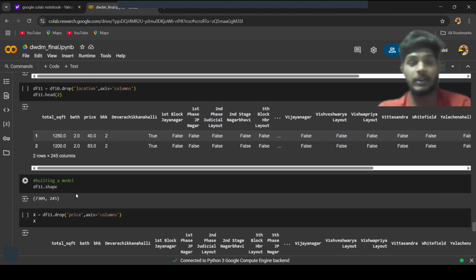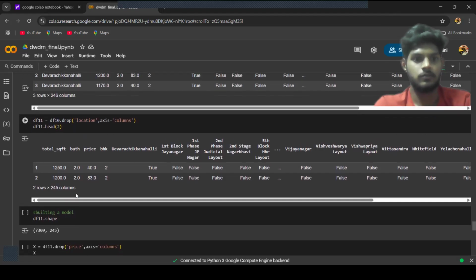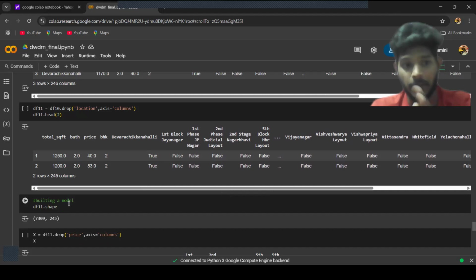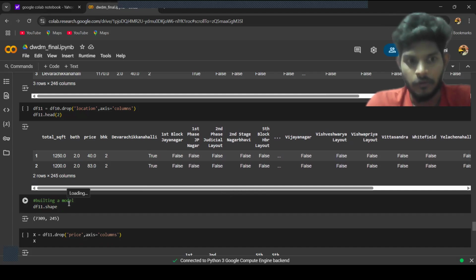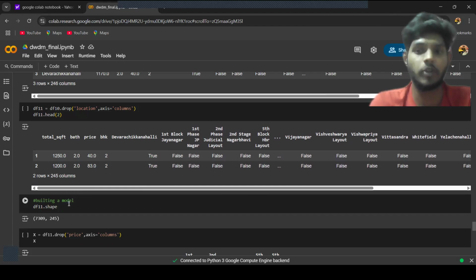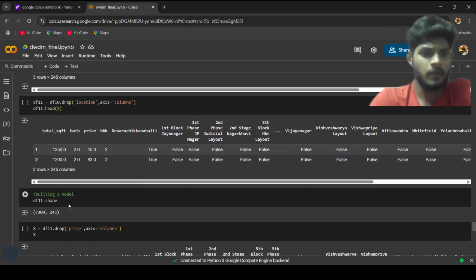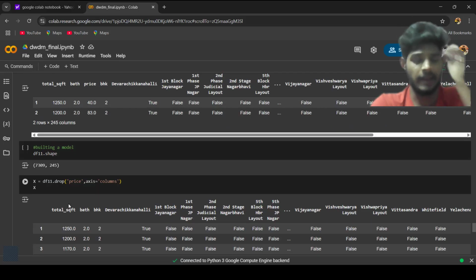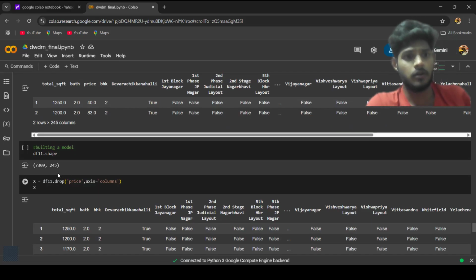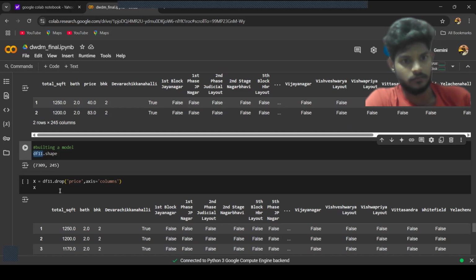With respect to the data frame 11, we are now building the model with 7309 records. That means we removed many records, since initially we had nearly 13,000. Now we'll be training the model on the data frame 11.